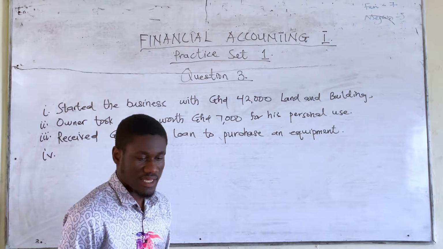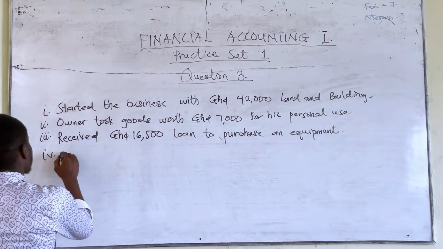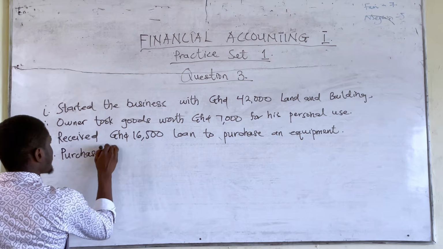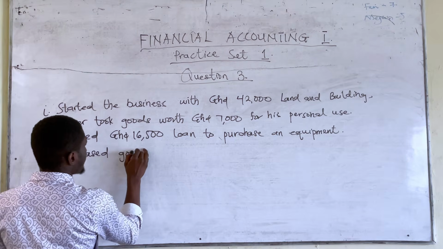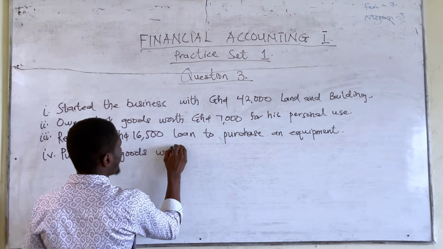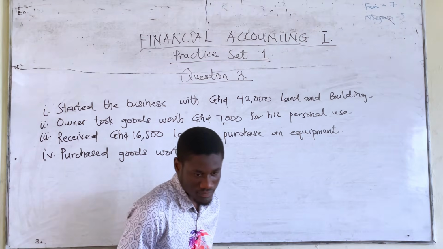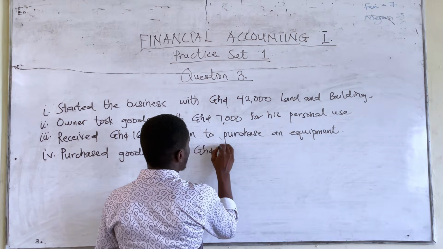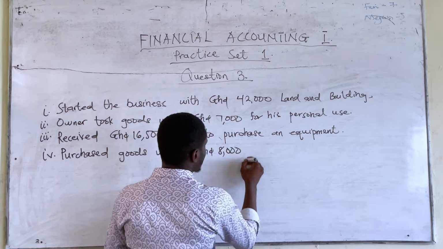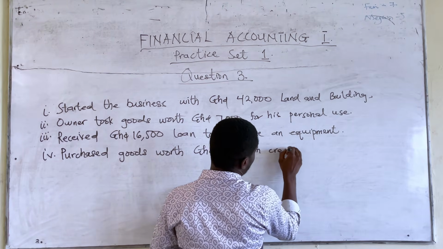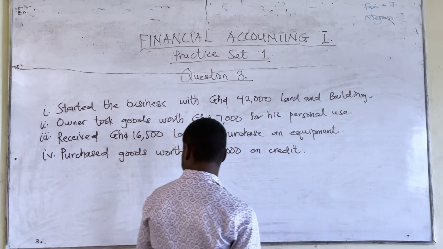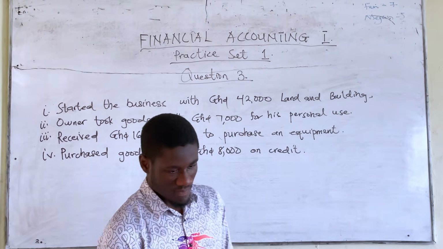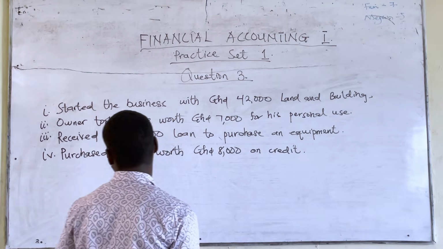So now we can say that we purchased goods worth 8,000 Ghana cedis on credit. Do you get it? Okay. So I will move to V.